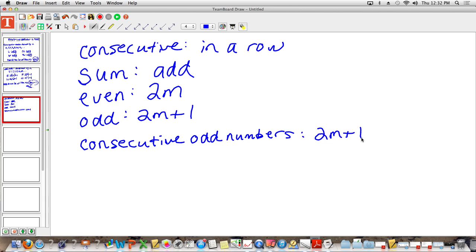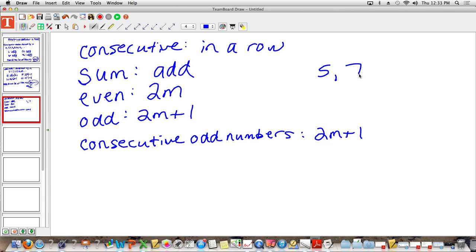Good. All right. So let's say we're talking about 5. 5 is the first odd number we're talking about. What's the next odd number? 7. What do I do to 5 to get to 7? You have to add 2.